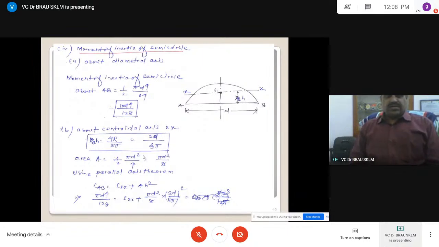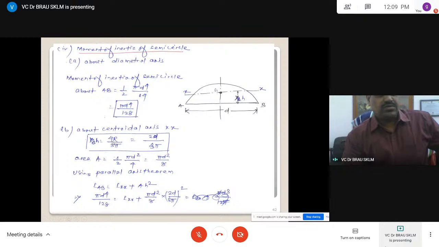Let us see the semicircle. Moment of inertia is pi d power 4 by 64. Here the same derivation we can start. Then we can find pi d power 4 by 128, because this is known to you. Centroidally the distance h is 4r by 3 pi.